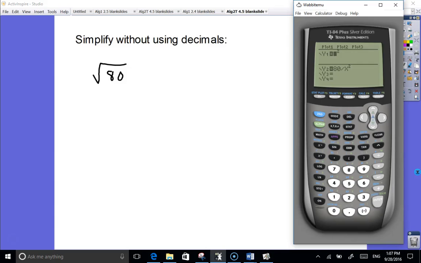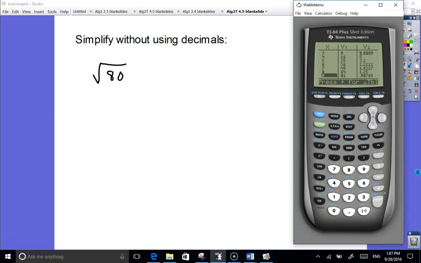Then go to the table of values and look in the column which says y1, those are all the perfect squares. So you've got to go high enough to see, is 80 in that list? No. It goes from 64 to 81, so 80 is not a perfect square.